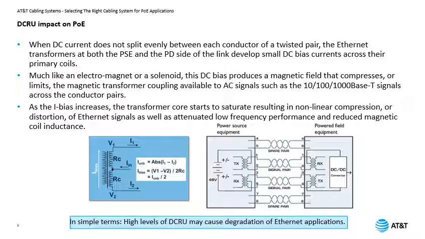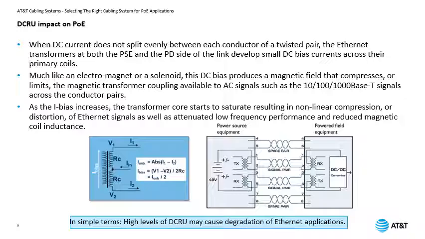So what is the DCRU impact on PoE? When a DC current doesn't split evenly between each conductor of the twisted pair, the Ethernet transformers at both the PSE and the PD side of the link develop a small DC bias current across their primary coils. It is shown on the graph here.